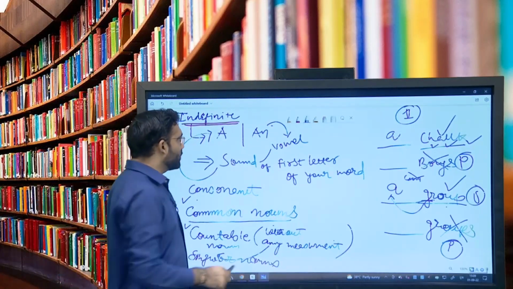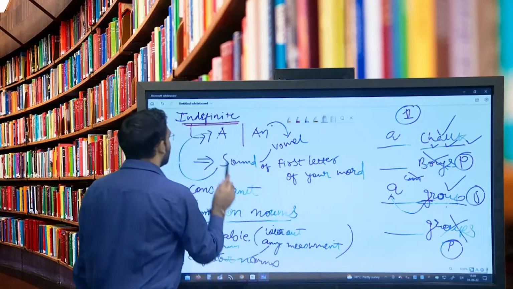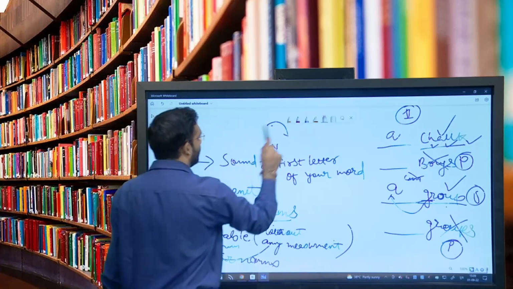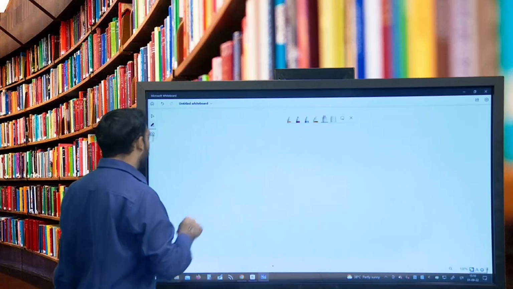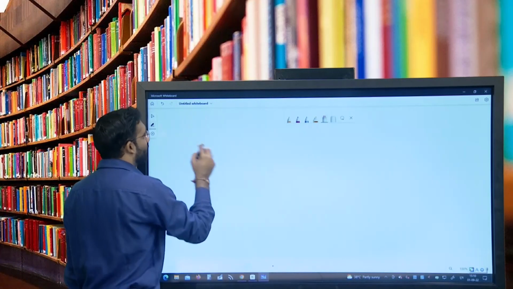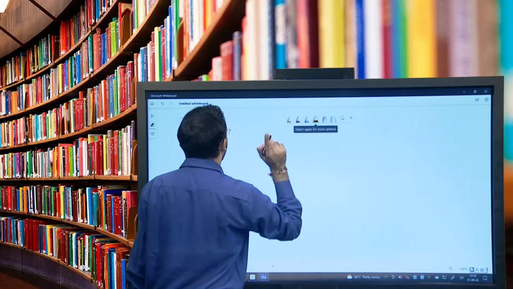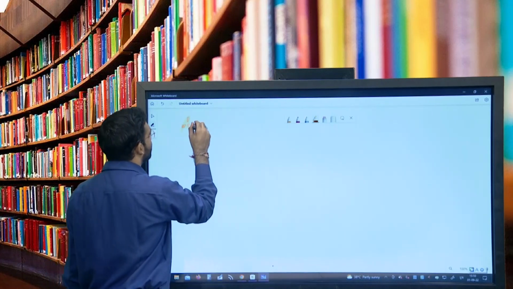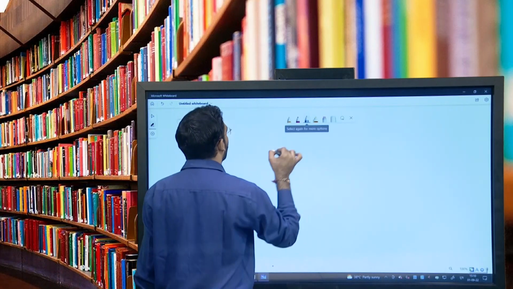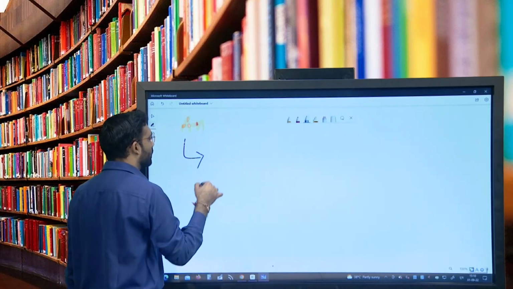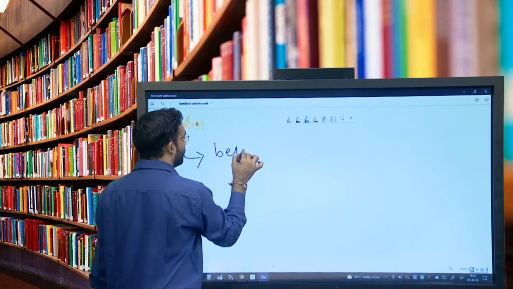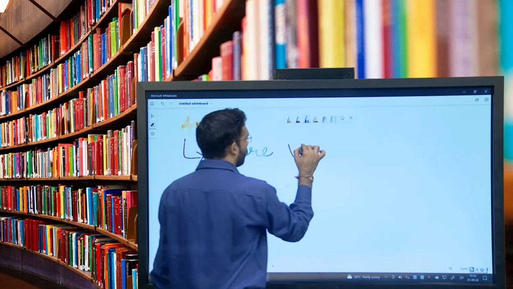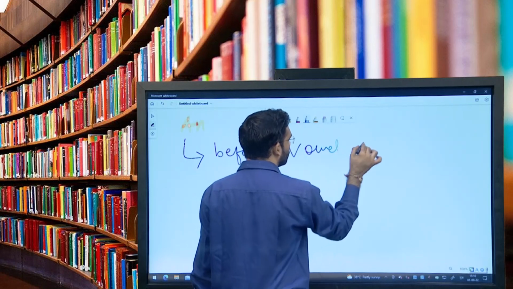Is it clear to each one of you? Now let's look at some examples. Before we look at the examples, one thing I would want you to know is about an. When do you use an? Before a vowel sound.